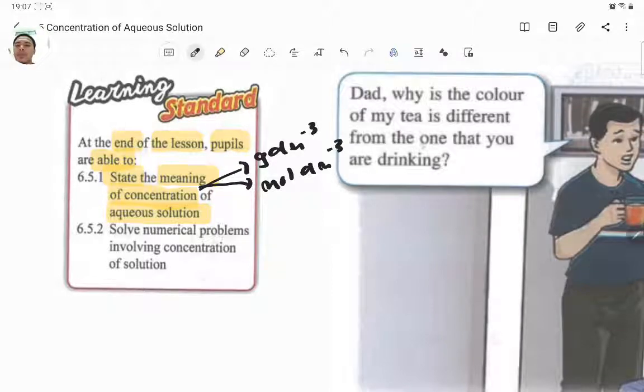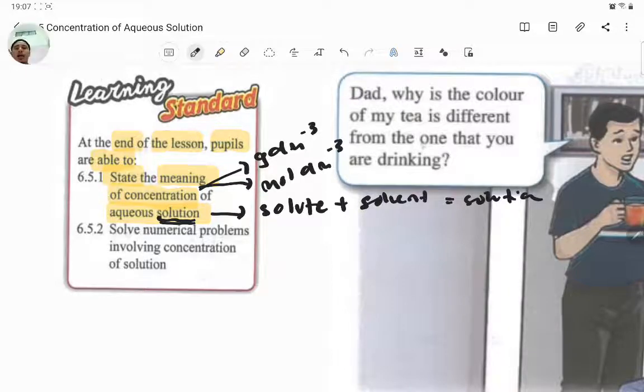And then for the solution, how can we relate it with the concentration? Solution must consist of solute plus solvent equal to solution. Actually, this concept for solution you already learned during Form 2.